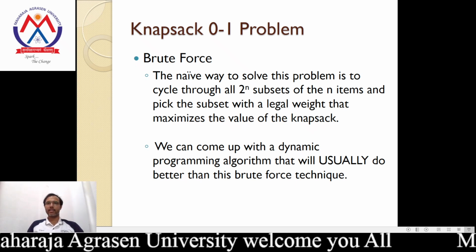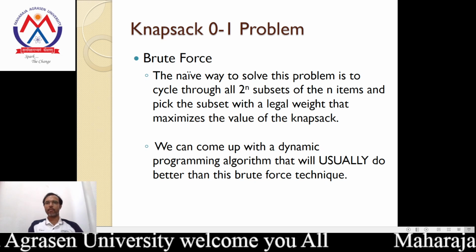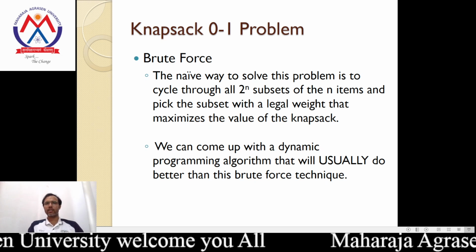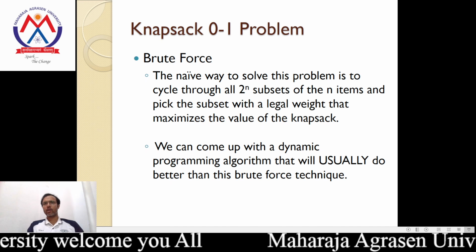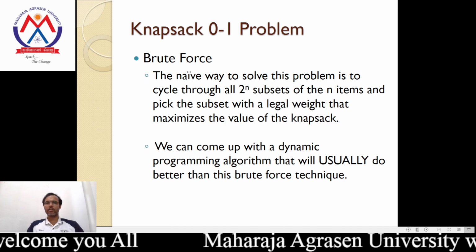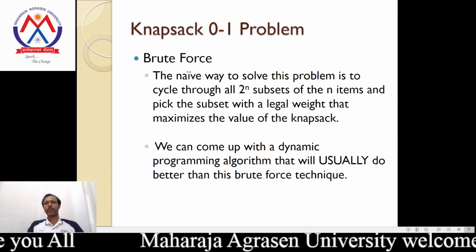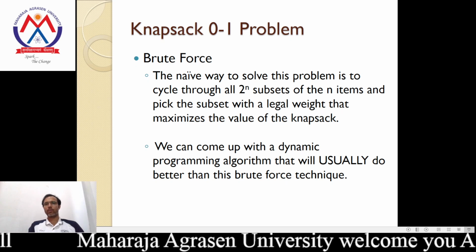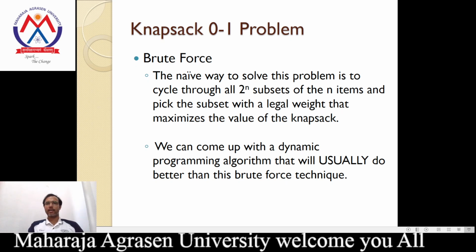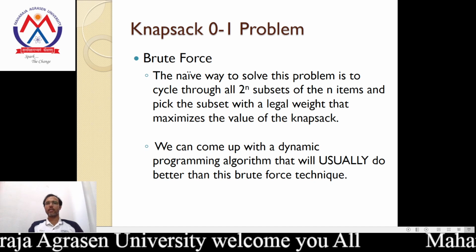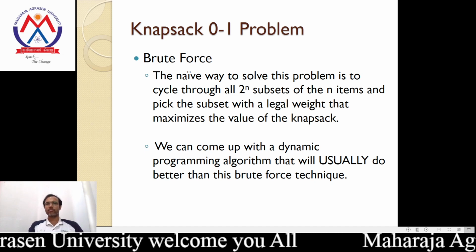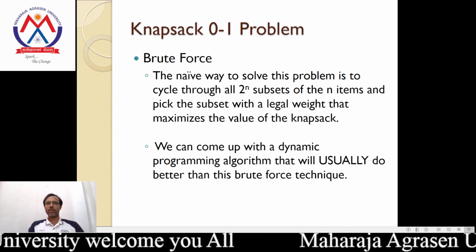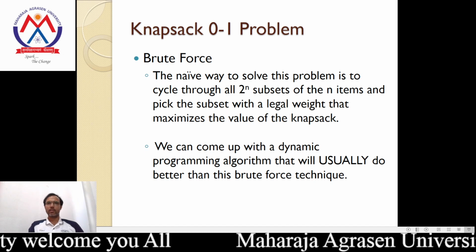You can come up with a dynamic programming algorithm that usually does better than the brute force algorithm, because in dynamic programming we do not consider all of the values, whereas in brute force we apply all possible conditions. In the knapsack zero one problem, we will collect the optimal solution instead.